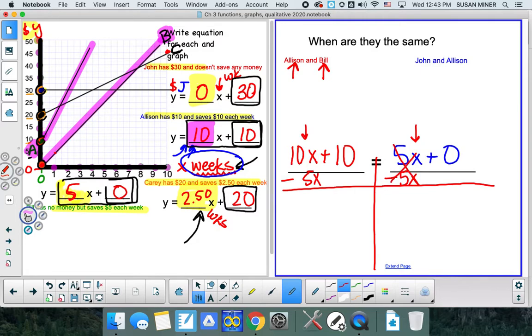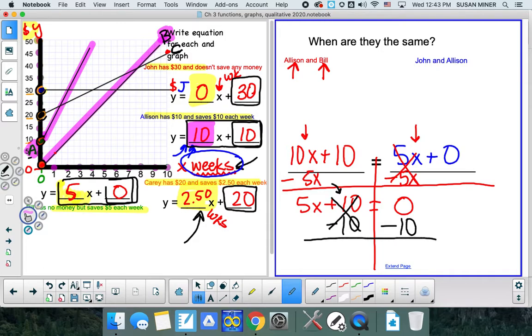These two are going to go to 0. I have a 0 left over on this side. I have 5x plus 10 over here. And then this is my hostage situation on the left-hand side. I need to get rid of the extra hostage, so I'm going to subtract 10 from both sides. This is going to go to 0. 5x is equal to negative 10.